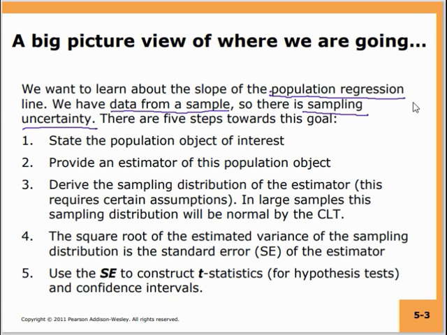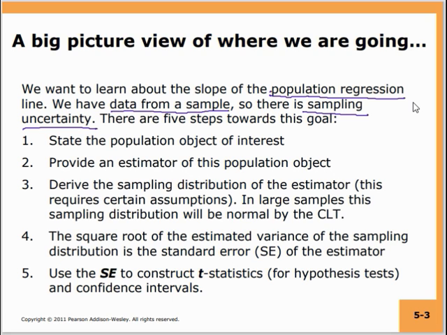So, first we state the population object of interest, then we provide an estimator, we derive the sampling distribution of the estimator, which will require certain assumptions, which in our case are the least squares assumptions. In large samples, this sampling distribution will be normal by the central limit theorem.